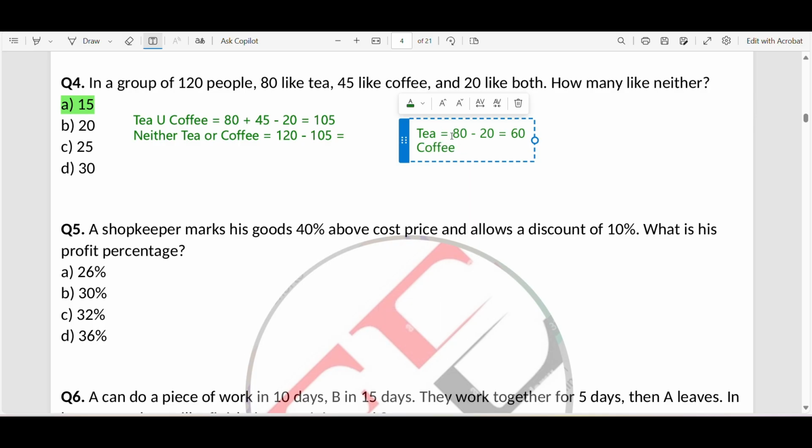They only like tea. And who likes coffee? 45 minus 20. They only like coffee. They do not like tea.